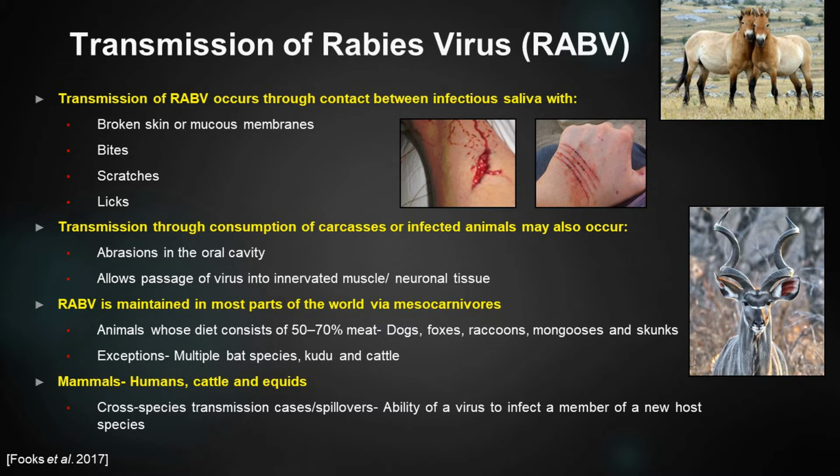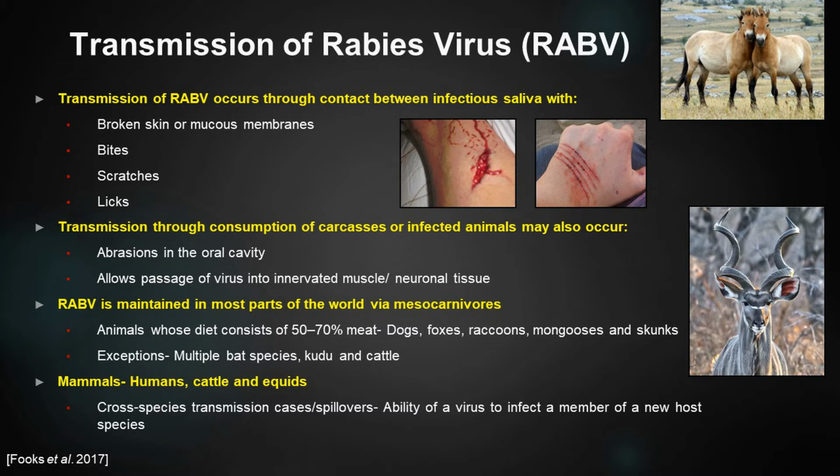The virus is maintained in most parts of the world via mesocarnivores, which are animals whose diet consists almost exclusively of meat. Some of them are dogs, foxes, raccoons, mongooses, and skunks. There are a few exceptions, such as multiple bat species, kudu, and cattle, which are herbivores.